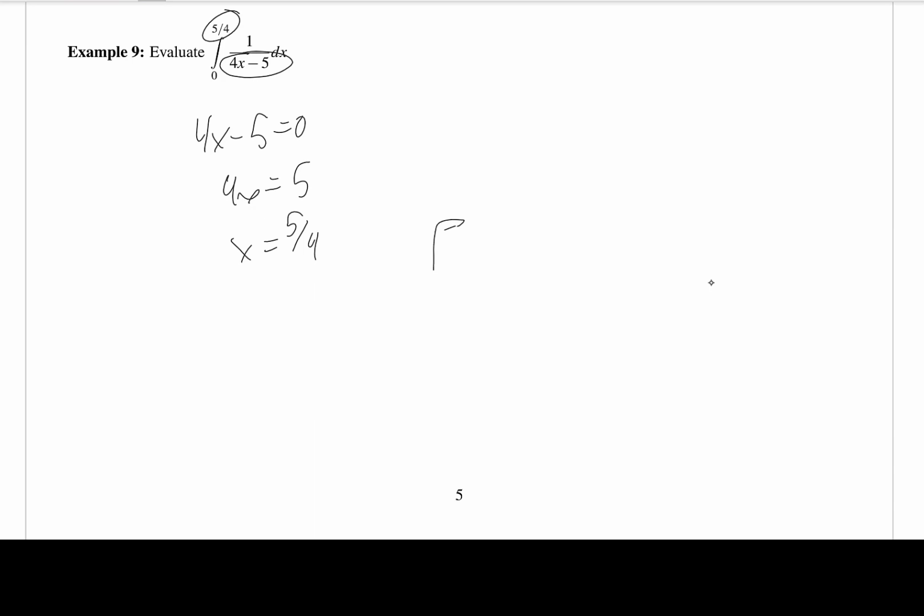So again, if we look at a number line, if I'm going from 0 to 5/4, and this is my problem, right? At x equals 5/4 is where we have a discontinuity. Then I want to get infinitely close to it but not touch it.